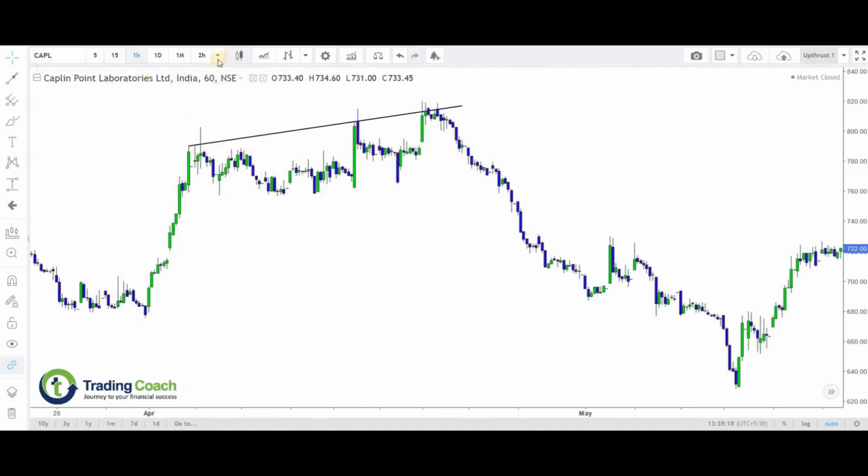If you look at the price action, first we had a nice upside rally, and right after that the prices went into a range. This range is nothing but a distribution phase, a good classic textbook example.